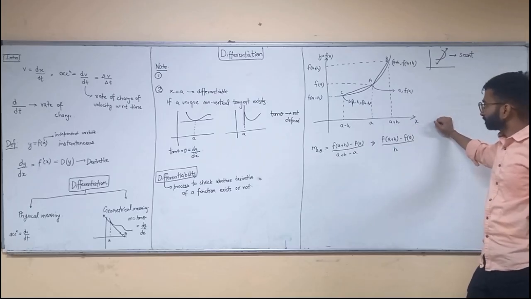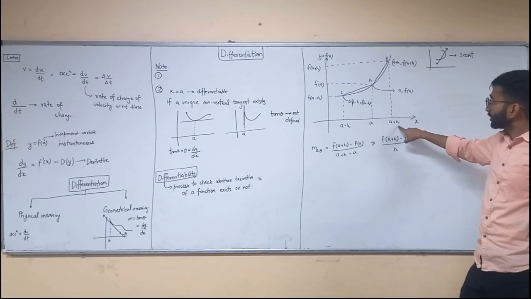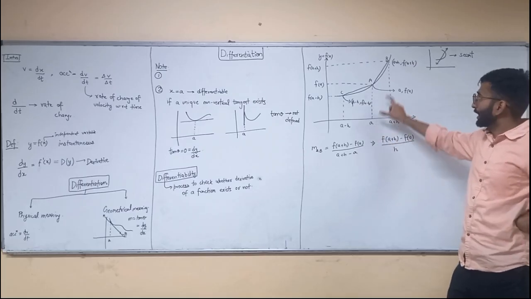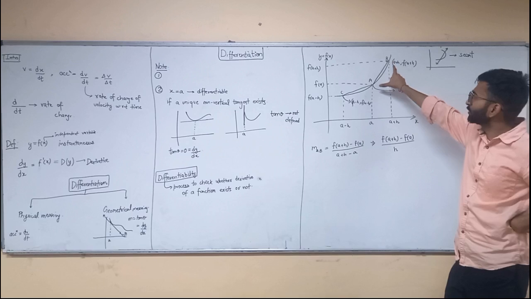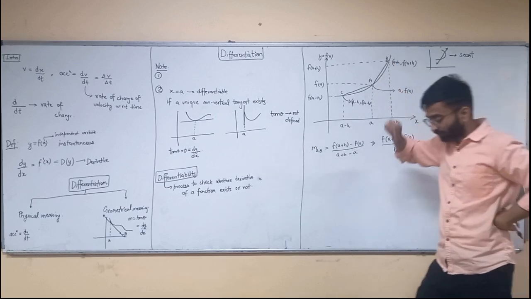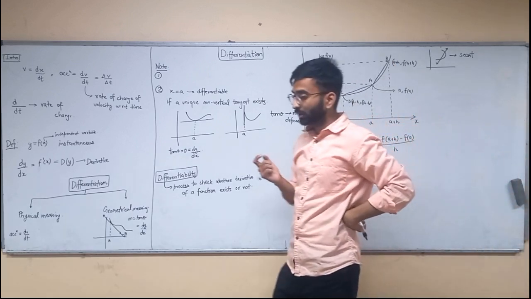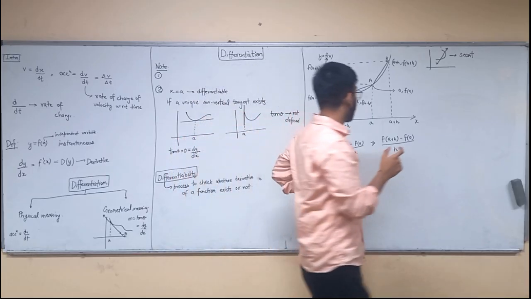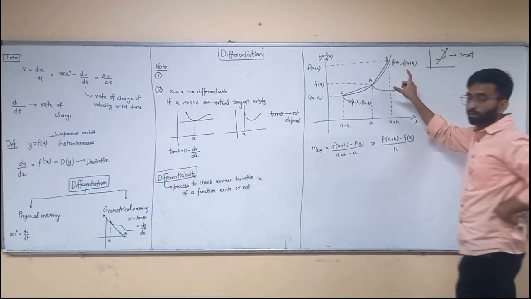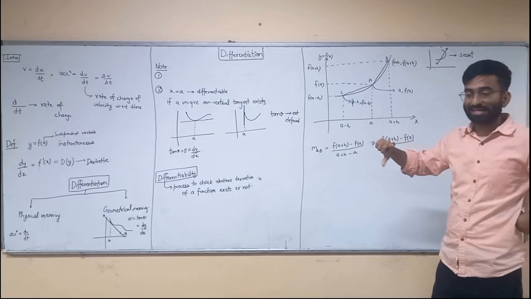What if h tends to 0? Then the secant line AB will convert into a tangent. So why am I trying to limit h to 0? Because I want this secant line to be converted into a tangent line.